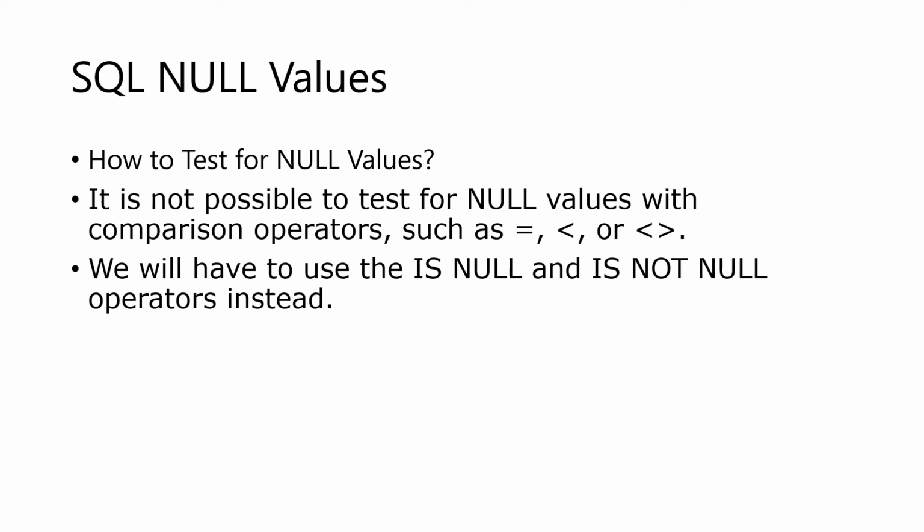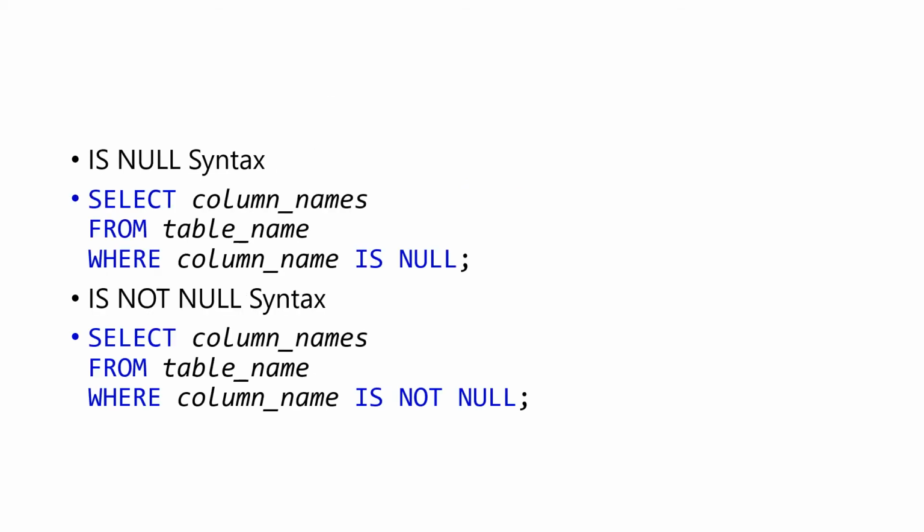Comparison of null values is done by the IS NULL or IS NOT NULL keywords in SQL. So we can use NULL, IS NULL, and IS NOT NULL in our SQL statements. Here is an example: select column names from table name where any column name is not null.